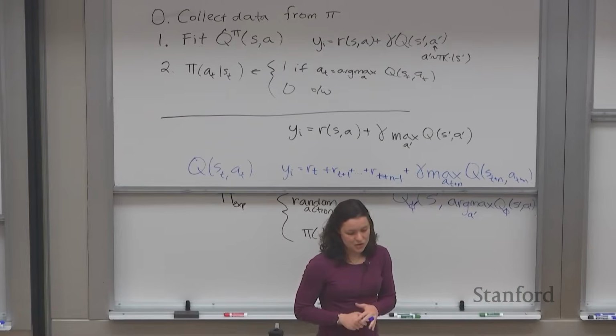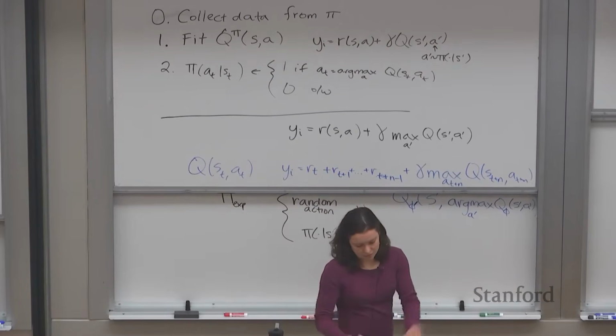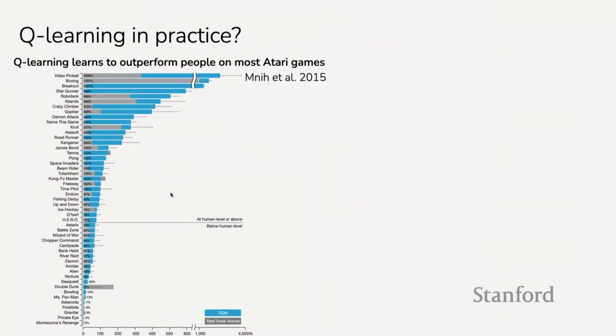And if you want to train an agent to play a game, either just for the sake of seeing how well you can do, or to play against a human, Q-learning was able to outperform most people on Atari games. So everything above this bar are the games where it is at human level or above human level performance, and everything below is worse than human level performance.